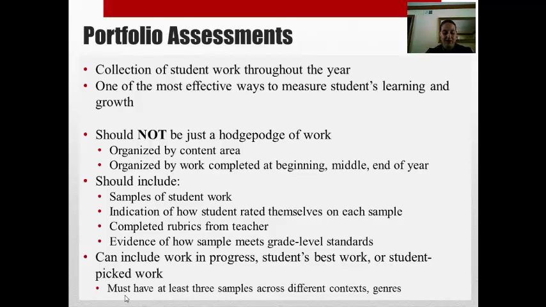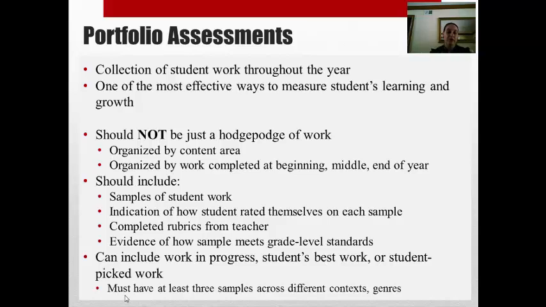So what I mean by that is that if you look at your portfolio for this one student, you're going to break it up by content area, right? So math, language arts, depending on what you teach. Or if you are in middle school and tend to teach more subjects, then, right, you would have all of those subjects represented. Within each, you would have a sample that was more formal, maybe like a paper-pencil test from the beginning, middle, end of the year.